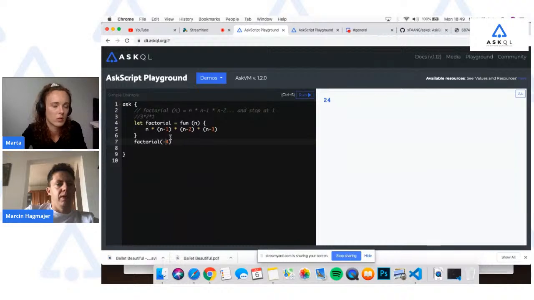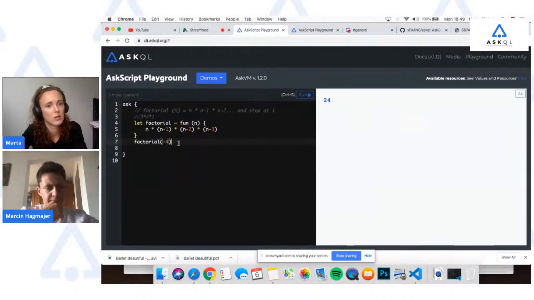Well, it's going to do the operation by putting -4 in the place of n. Yeah, but what is supposed to happen when someone wants to know the factorial of -4?